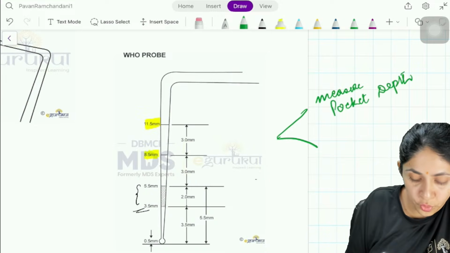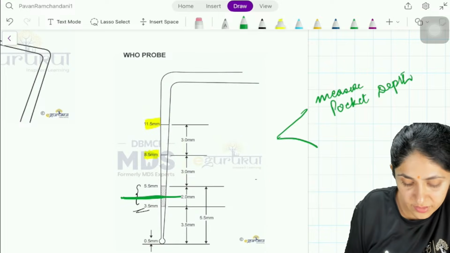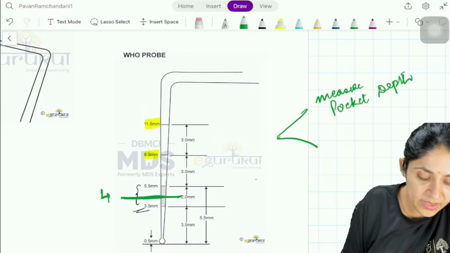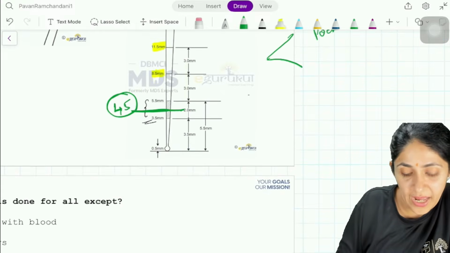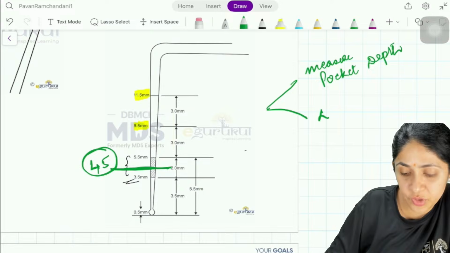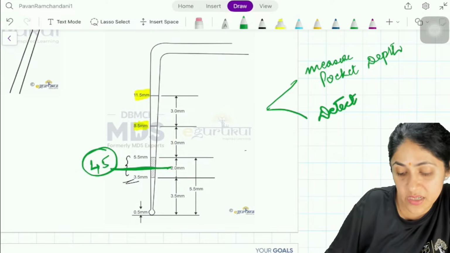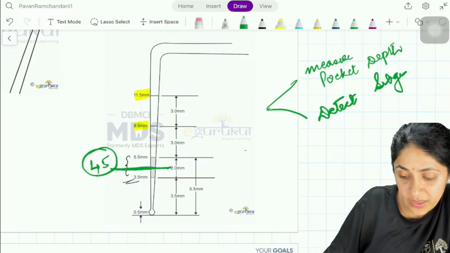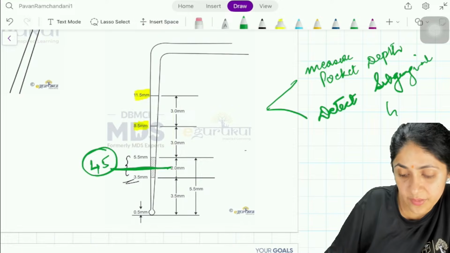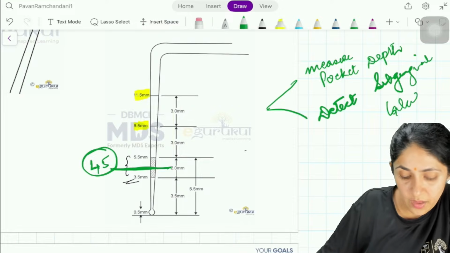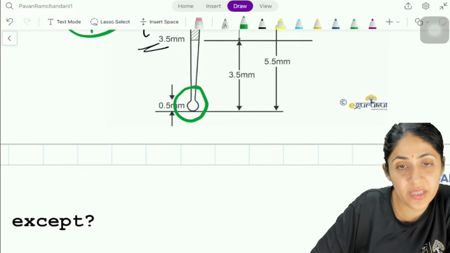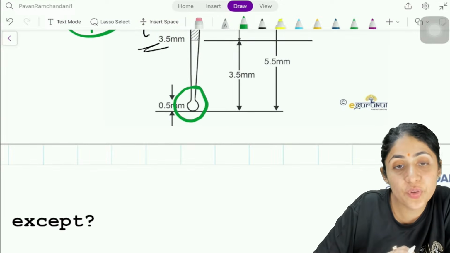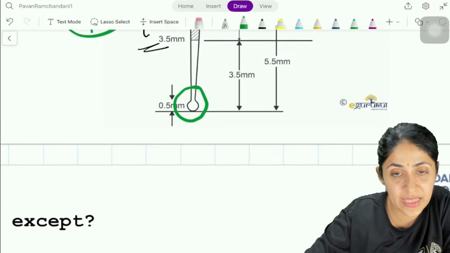Suppose the probe is immersed till here in the pocket, so you will estimate that the pocket depth is about 4.5 mm. Understood? And also to detect subgingival calculus, which is usually detected with this ball, which is 0.5 mm.